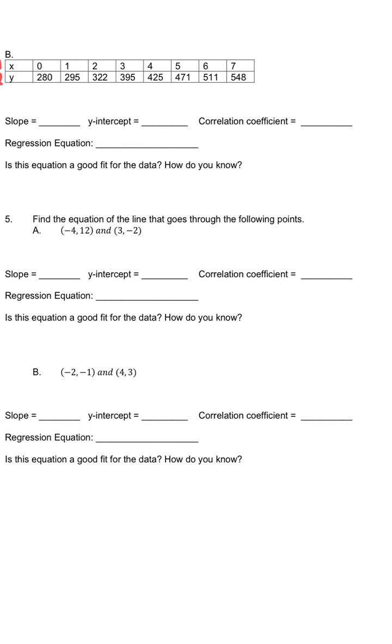So our y equals, our slope is 40.87. Our y-intercept is 262.83. Correlation coefficient is 0.99.